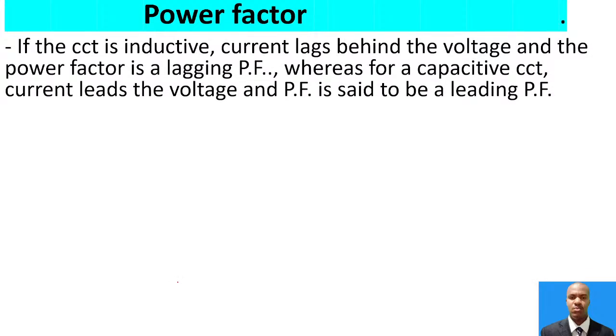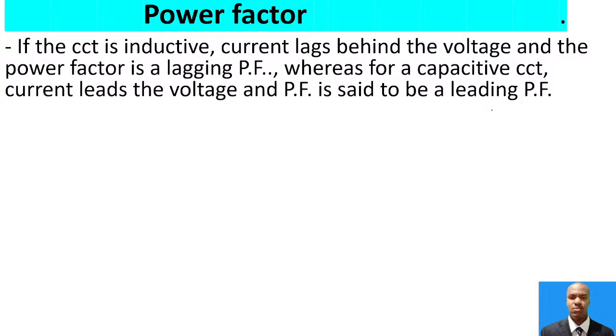So if the circuit is inductive, current lags behind the voltage, and the power factor is a lagging PF. Whereas for a capacitive circuit, current leads the voltage, and the PF is said to be a leading power factor.